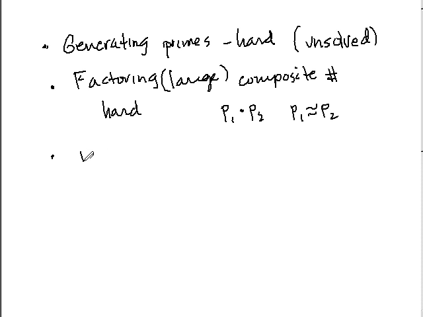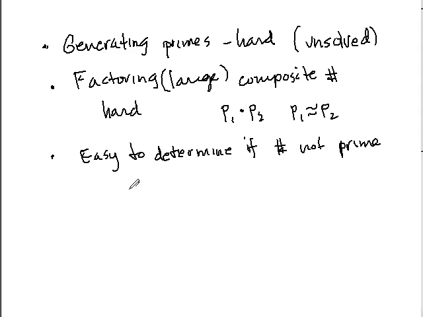Okay. What we have seen, though, is it's easy to determine if a number is not a prime, just by that a to the p equals a mod p test. But this does not give you factors, and furthermore, it's not foolproof. You can get numbers which satisfy this which are not prime.